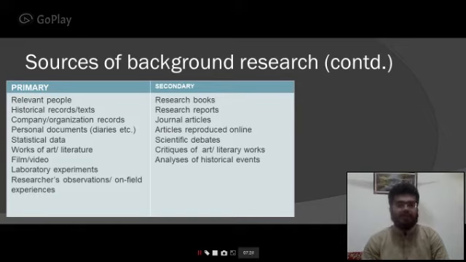And then we have secondary sources like research books, research reports, journal articles, articles reproduced online, scientific debates, critiques of art or literary works, analyses of historical events. So all these actually provide us ideas on different aspects of the topic, on how it has already been researched by other scholars.